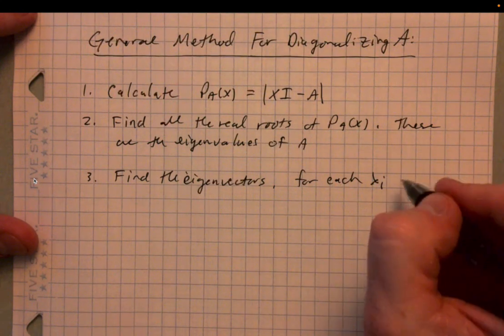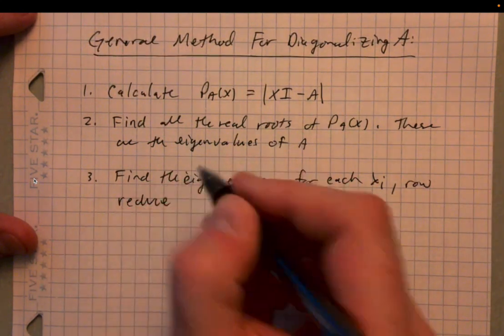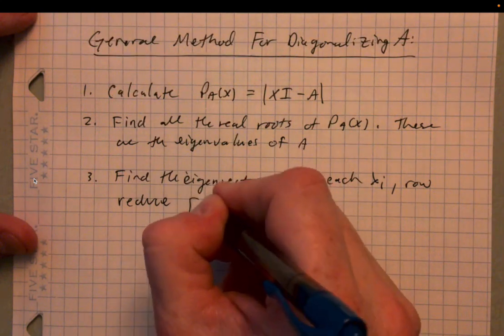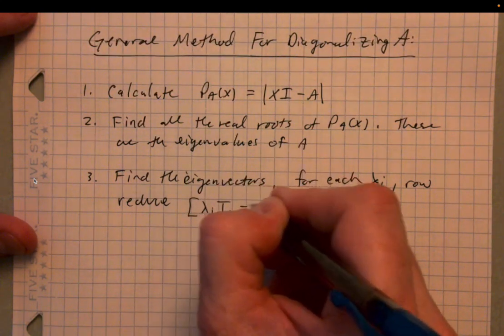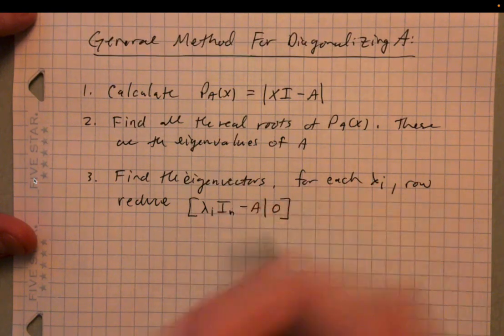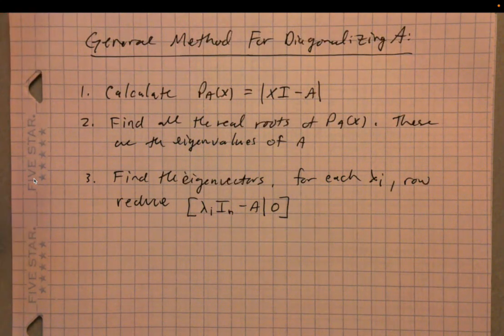lambda I, what do we need to do? We need to row reduce. We need to row reduce this system, lambda I times the identity minus A equals 0. Right, so this homogeneous system.